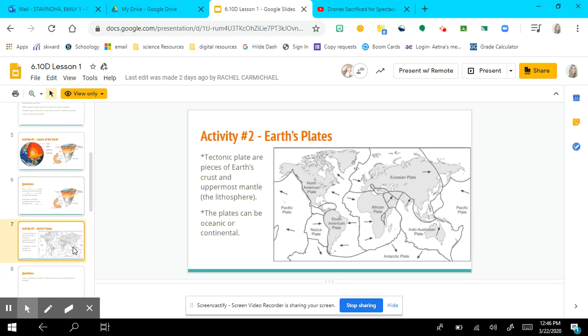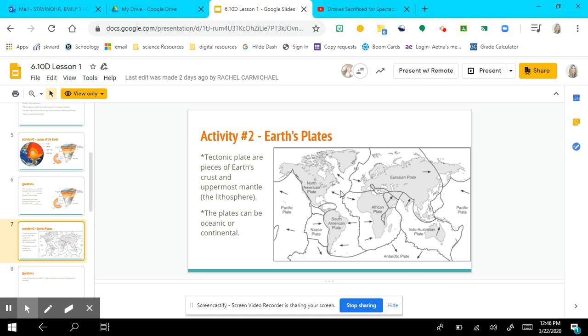Moving on to activity 2, Earth's plates. Okay, so remember that the earth is broken up into plates. They're huge plates. The Earth is broken up into huge plates, okay?